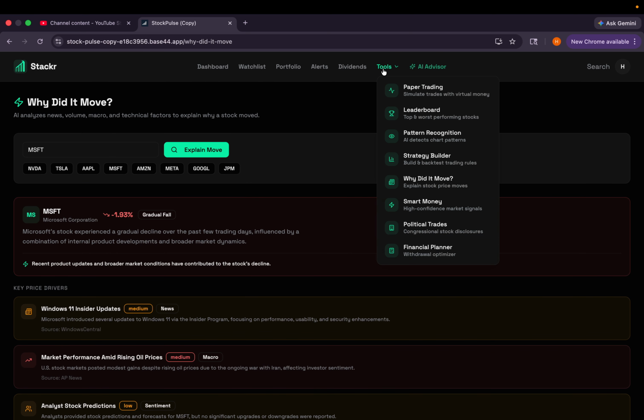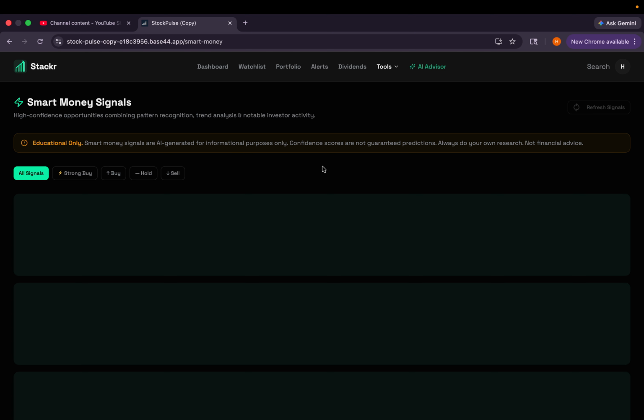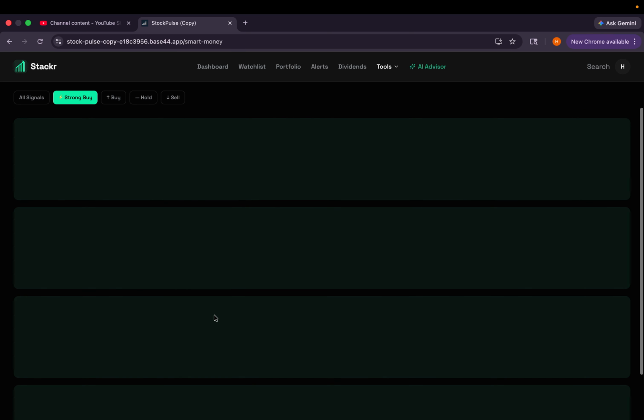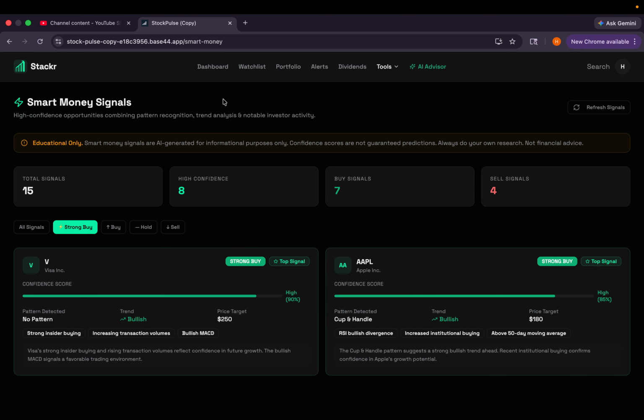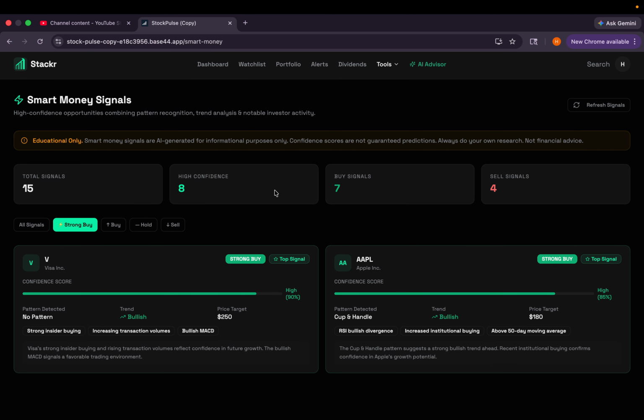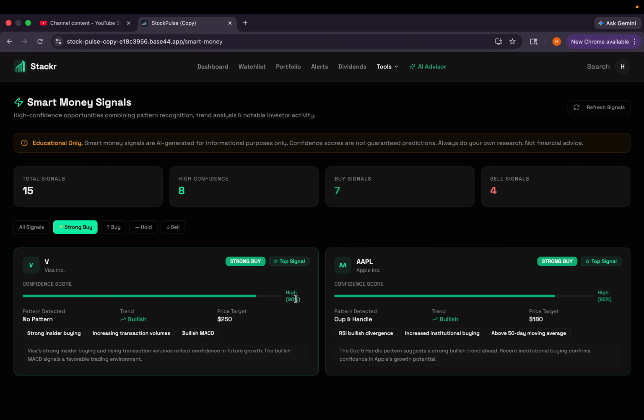And now we can move to the smart money, and we can look at strong buys. Just gotta give it a minute to upload. So here we see a score of 8 confidence, and we can see that it's high.